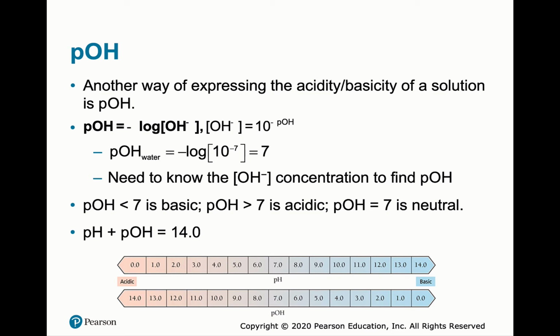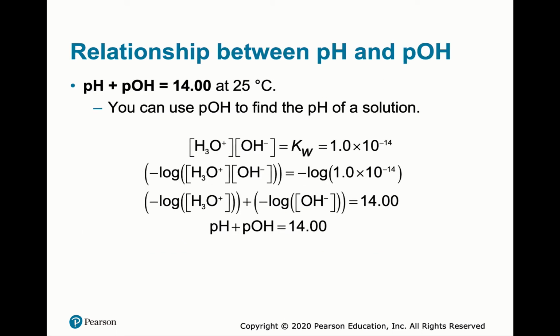That means the pH plus the pOH is going to be 14. You can do this by addition with the logarithms, or you can multiply together. I prefer to do addition, so I like this way better.